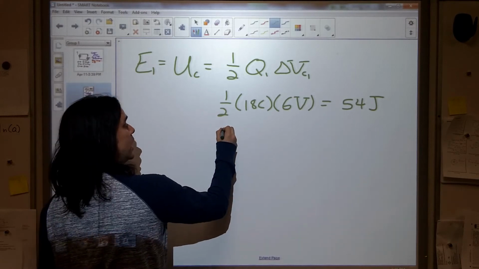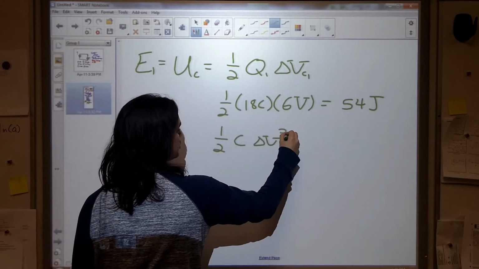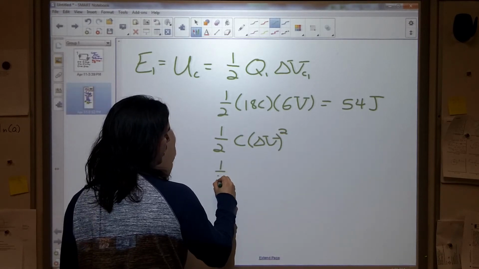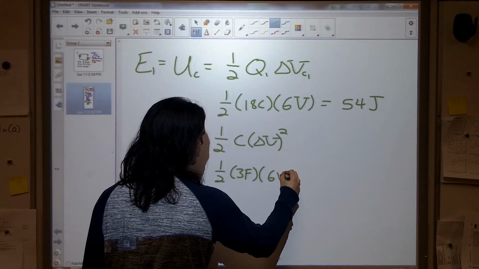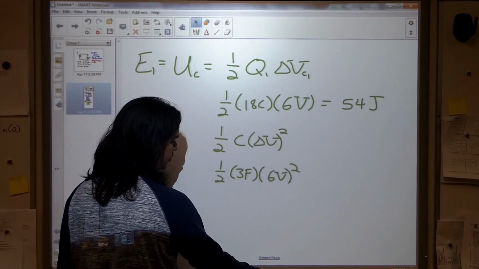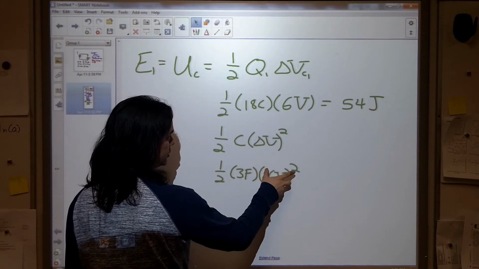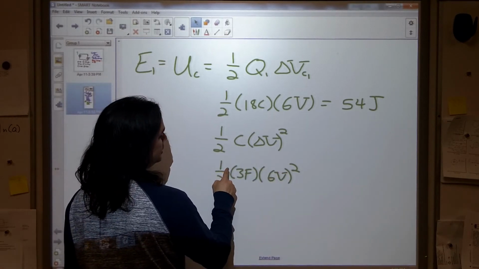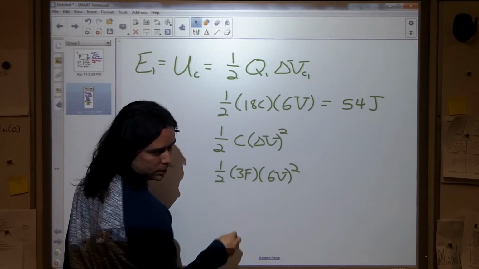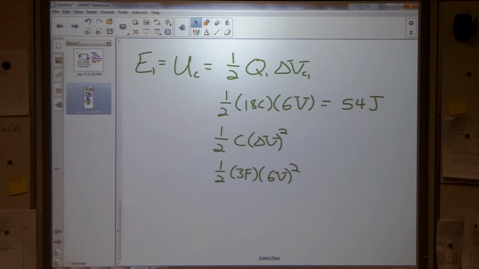Let's try if we use the other equation. We had 1/2 C delta V squared. Okay, well that would be 1/2, our capacitance was 3 farad, times delta V, we said it was 6 volts squared. So I'm going to have 1/2 times 3 times 6 squared, that's 36, times 1/2 is going to be what? 18 times 3. Have I done this correctly? Where's my calculator?